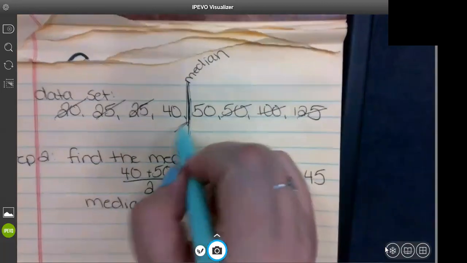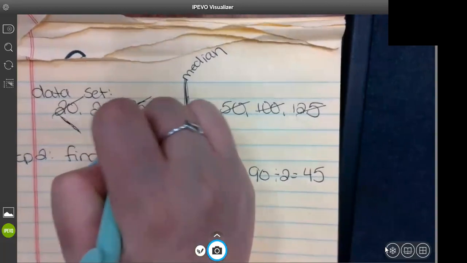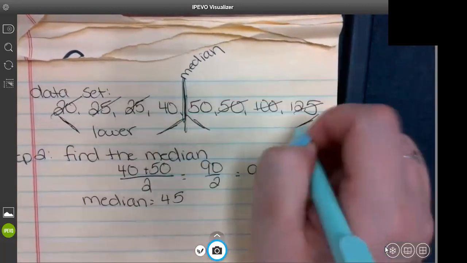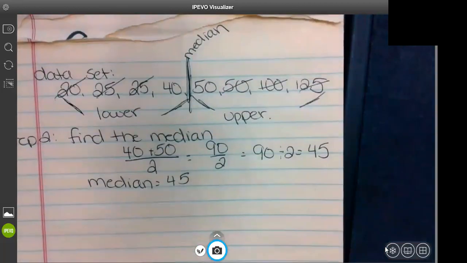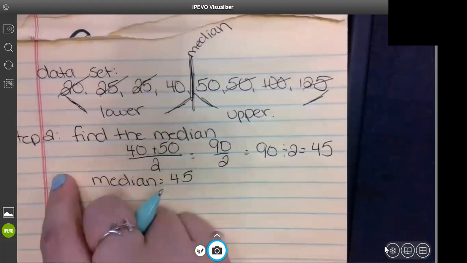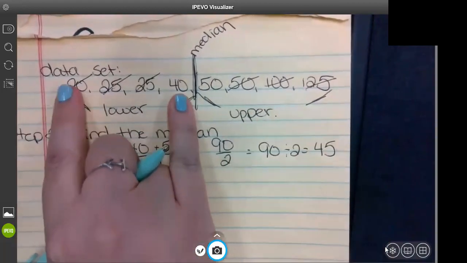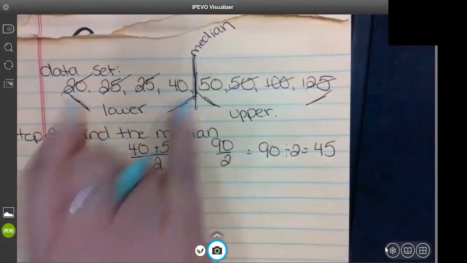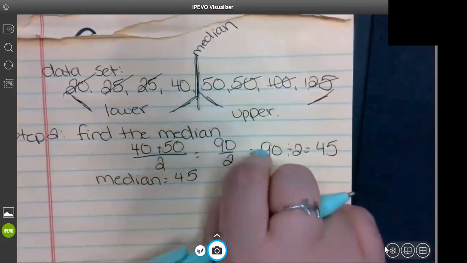And so that splits up our data into our lower section and our upper section. Okay, so what we're gonna do is do what we just did with finding the median of the whole set with each part. So we're gonna find the median of the lower set, which is gonna be our quartile 1, and then the median of our upper set, which is gonna be quartile 3.